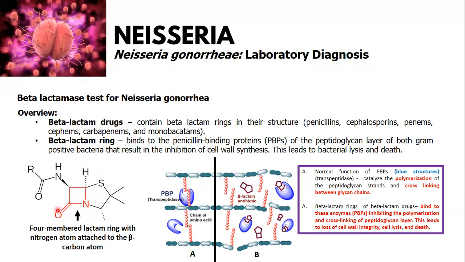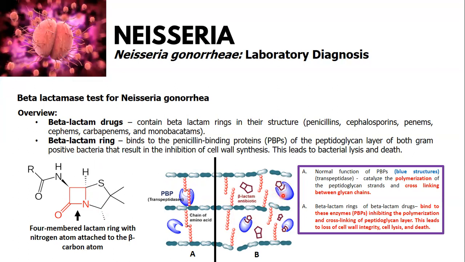So what does this beta-lactam ring do? Let's focus here. Naturally, the PBPs, also known as transpeptidases, help in the cross-linking and polymerization of peptidoglycan strands to complete peptidoglycan synthesis. If beta-lactam drugs are used to treat an infection caused by bacteria, the beta-lactam drug, particularly its beta-lactam ring, would bind to the PBPs.